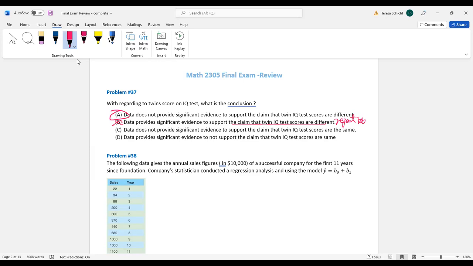No, right? We fail to reject, so you cannot say that. Part D says data provides significance to not support. No, we don't know that because we fail to reject. That means H0 is they are the same. So it's A here.